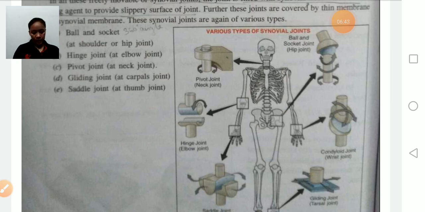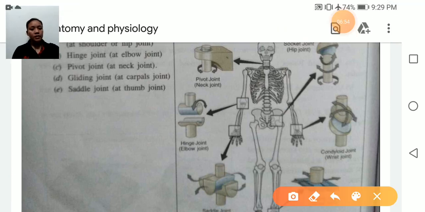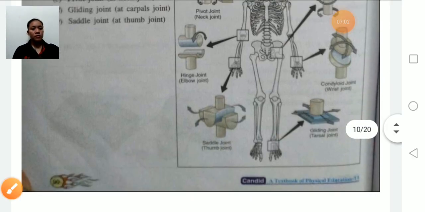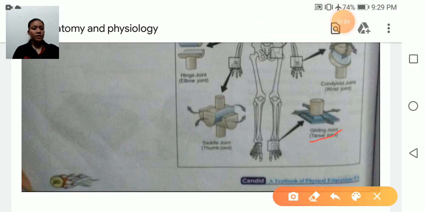In a gliding joint, the bone surfaces that the joint holds together are flat.